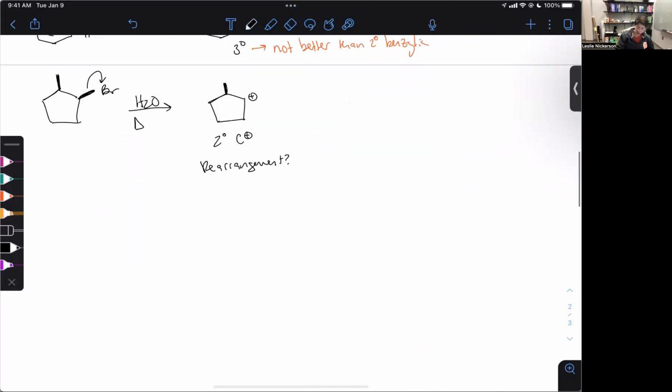So again, let's go ahead and take this to a little separate spot. So I can either go with an H over here or an H over here. So let me use colors. So if I switch with that one, I'm going from a secondary carbocation to a secondary.